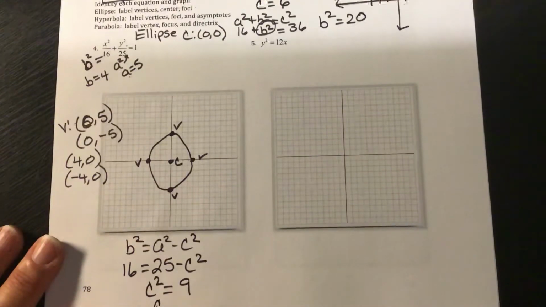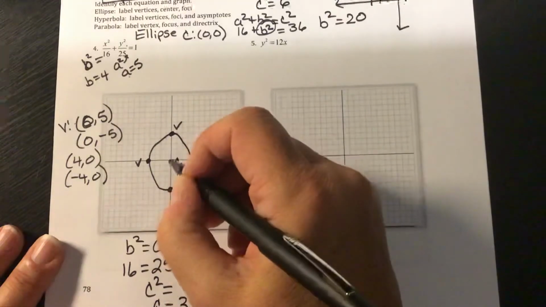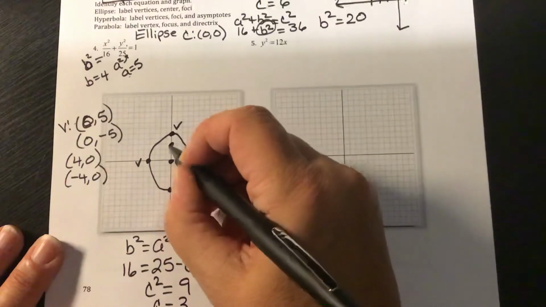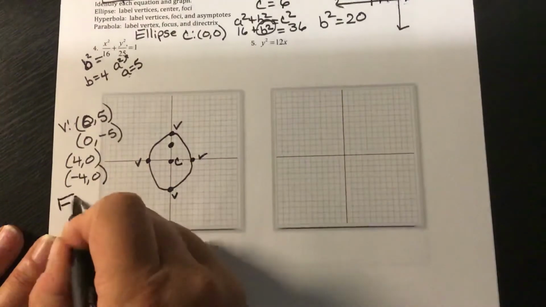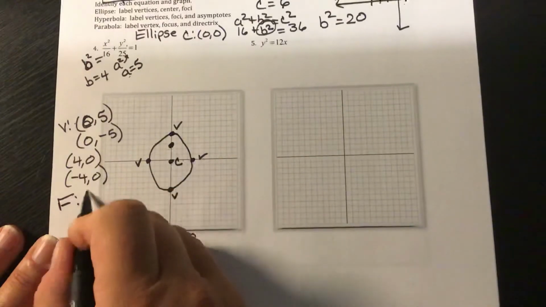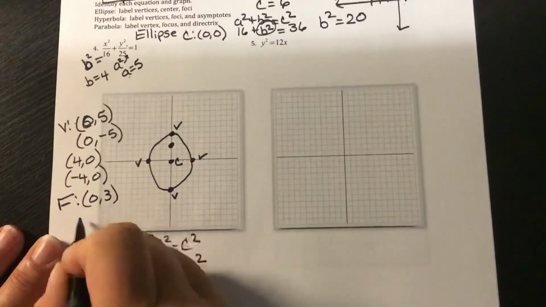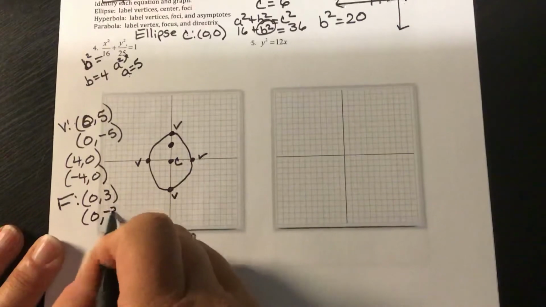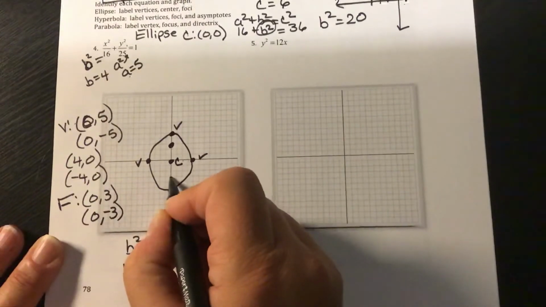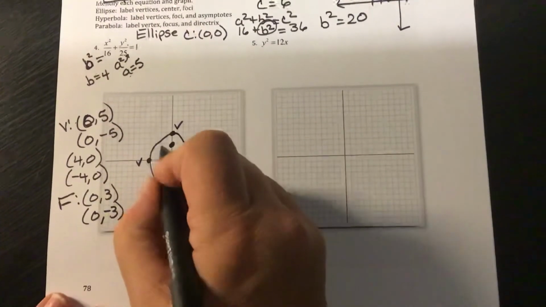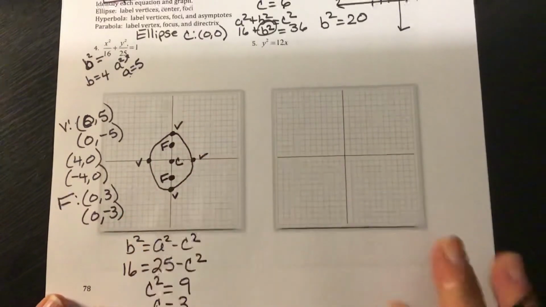And my c value is 3. So from my center, I'm going to go up 3 units. So for my foci, I'm going to have over 0 up 3 and over 0 down 3. Foci.